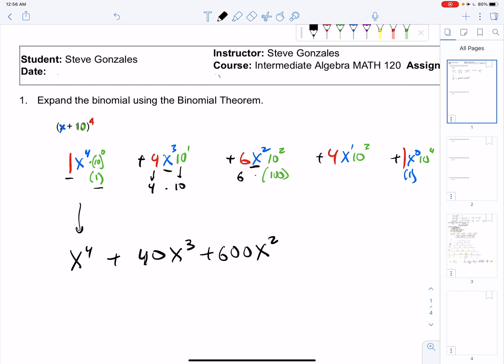Okay, and then keep it going. This 10 to the third is 1 with 3 zeros, so that's 1,000. And I can see that I've got this 4 times 1,000, which is going to be 4,000. And don't forget your x to the first. And then finally down here, I've got 1 in red, 1 times 1. But this guy right here is 10 to the fourth, which is 1 with 4 zeros, which ends up giving me 10,000.